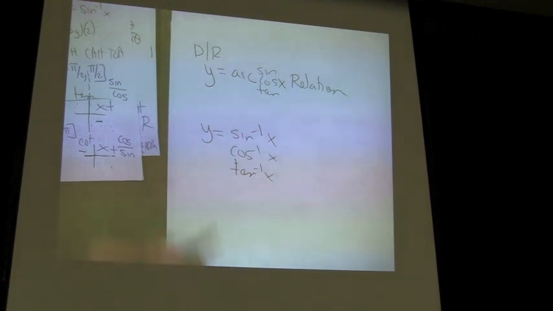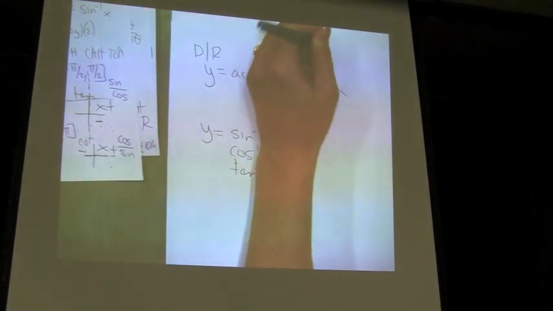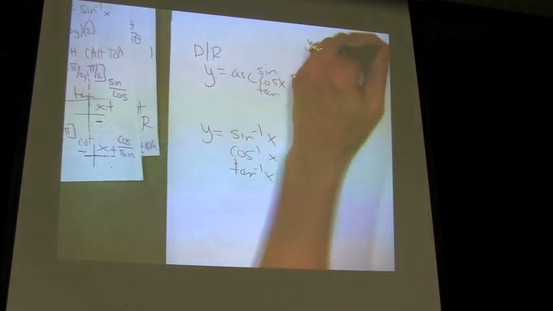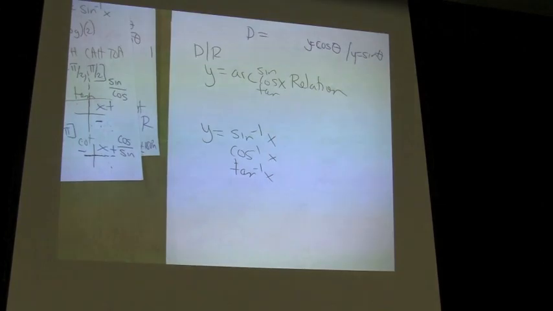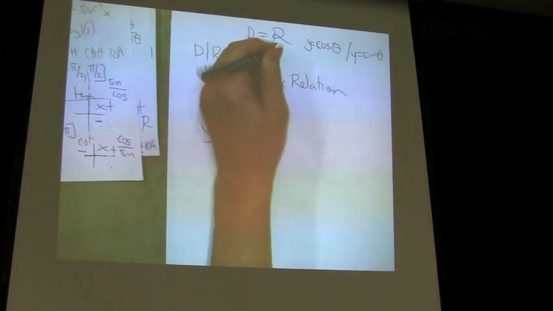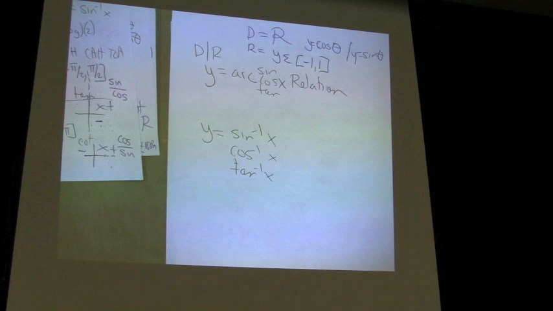So, what is the domain of y equals cosine theta or y equals sine theta? What did we say the domain was? All real numbers. What did we say the range was? Y is an element from -1 to 1.